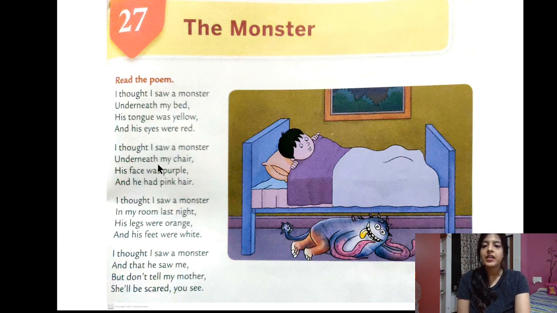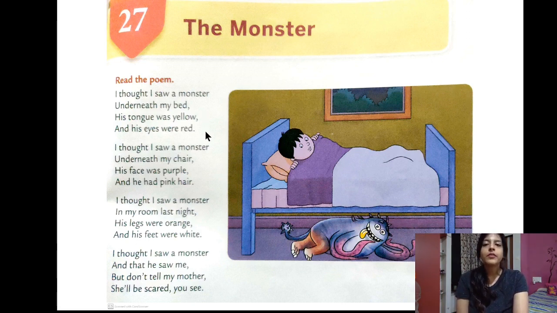Underneath his bed, underneath his chair, and in his room. He keeps seeing this monster. But you see, the poet is a very brave child. He does not go and scare his mother. Is he scared of the monster? He is not. But he thinks that if he tells his mother, she will be very scared. This is a very short and sweet poem.